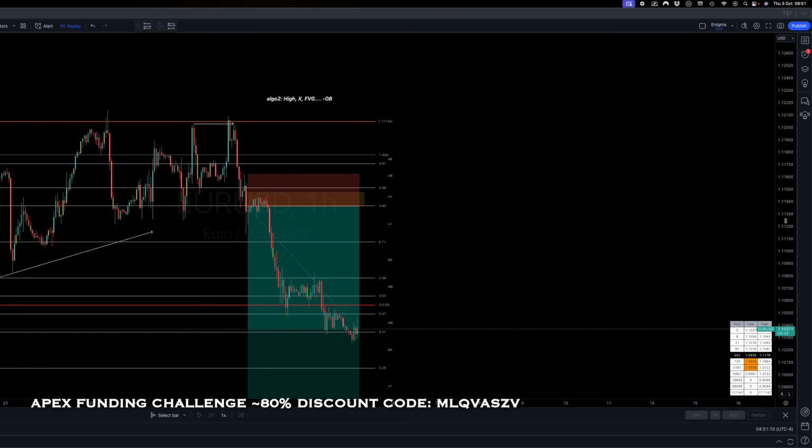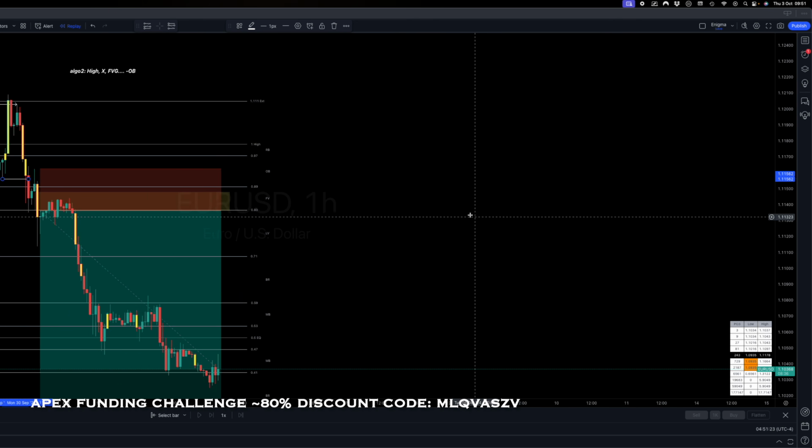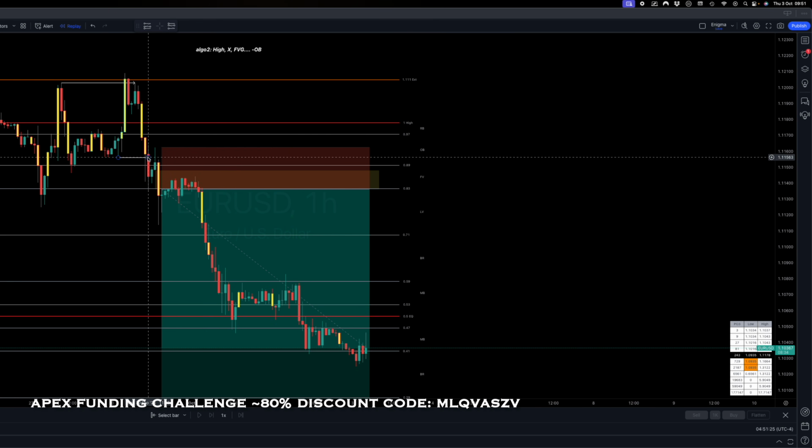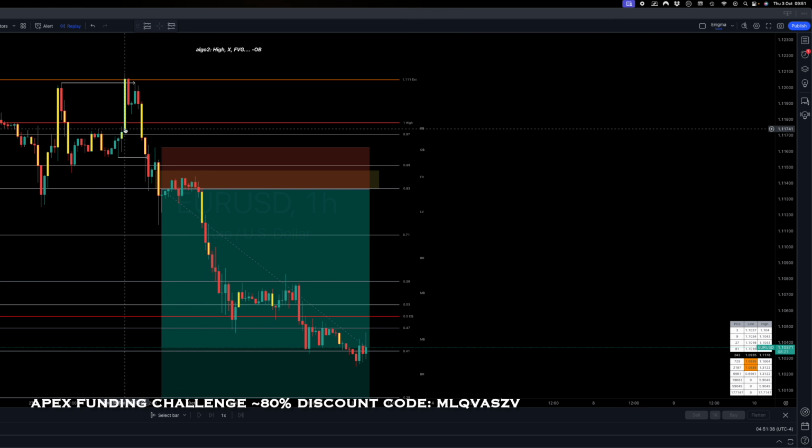Now, some extra confluence here. We had a nice market structure break right here. Okay, the market structure break gives you a really good heads up that we are looking for lower prices. So after we have the market structure break, you're looking for displacement. There's a displacement. Now, why didn't it go into this fair value gap? Okay, people will say because this is a balanced price range.